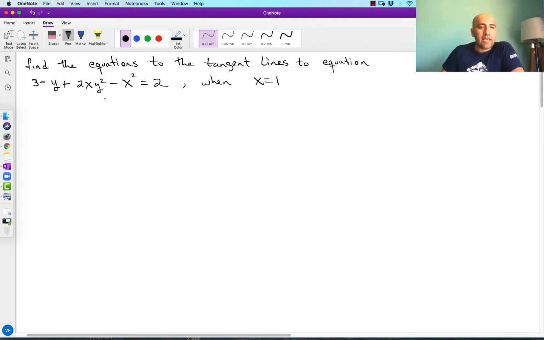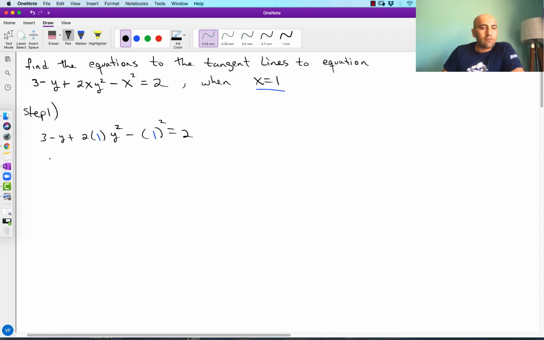Let's replace x with a 1 and solve for y. So step 1, we're going to do 3 minus y plus 2 blank y squared minus blank squared equals 2, and we're going to replace all those x values with a 1, since we're told x equals 1.